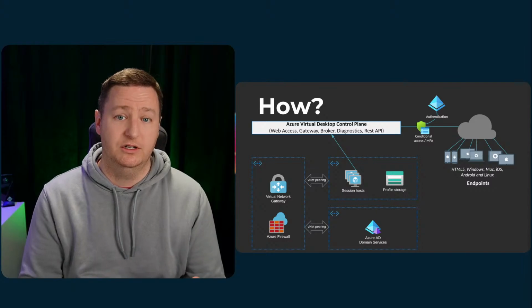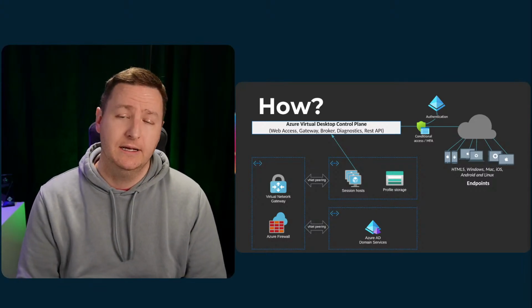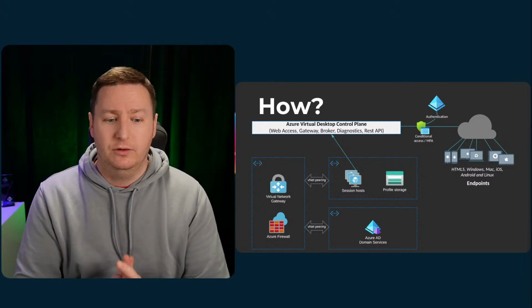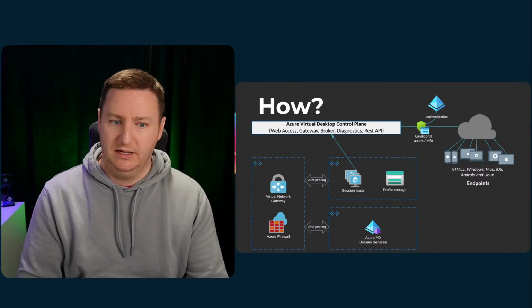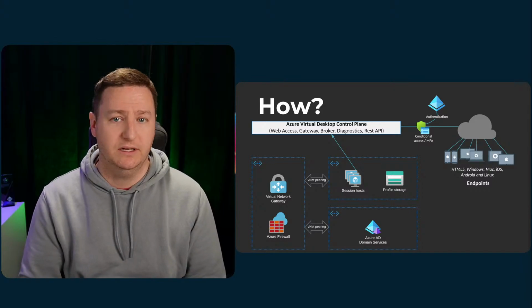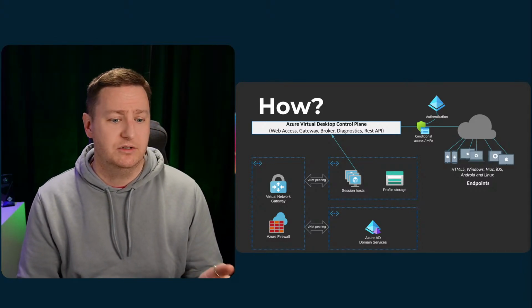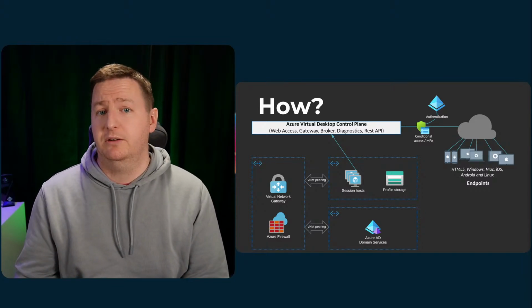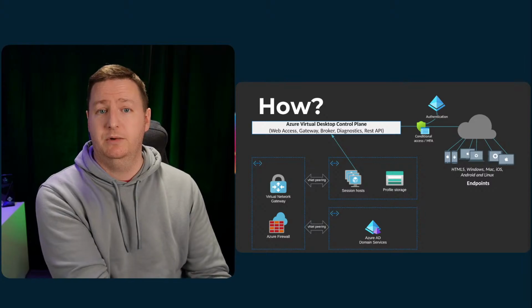The session hosts are not joined to Azure AD. They are joined to the Azure AD Domain Services Active Directory domain. And furthermore, you can see that we have a virtual network gateway in the hub network here. This virtual network gateway can then be connected to an ExpressRoute, for example, connecting back to your on-prem environment.